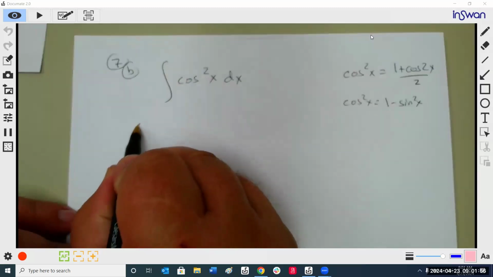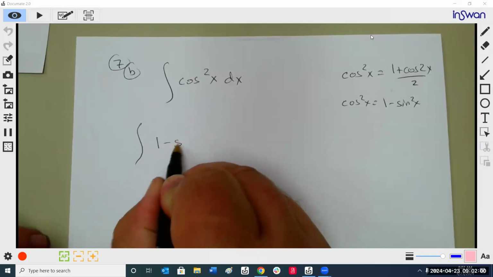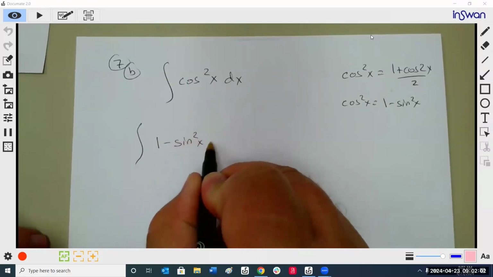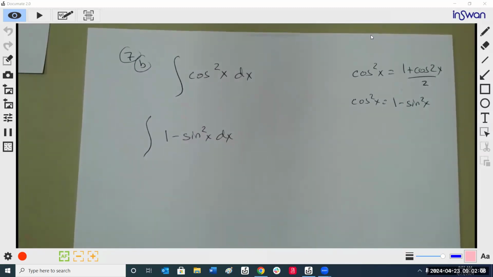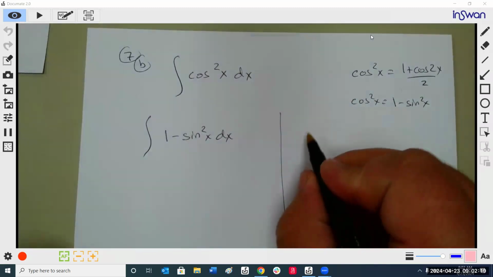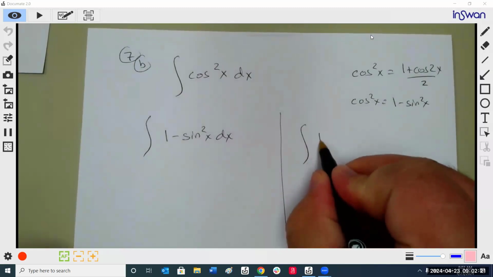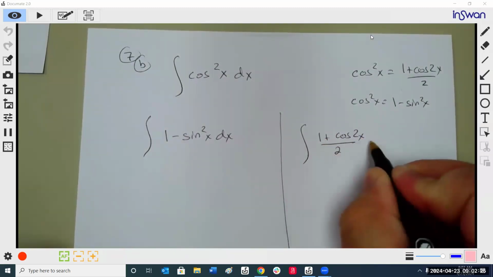In other words, if we do this 1 minus sine squared x dx, actually, we'll do it both ways. We'll do the integral of 1 plus cosine 2x over 2.